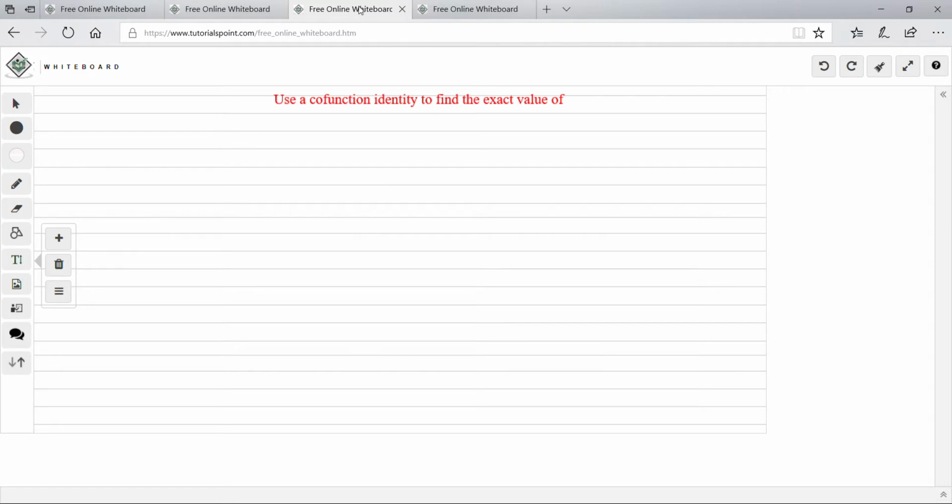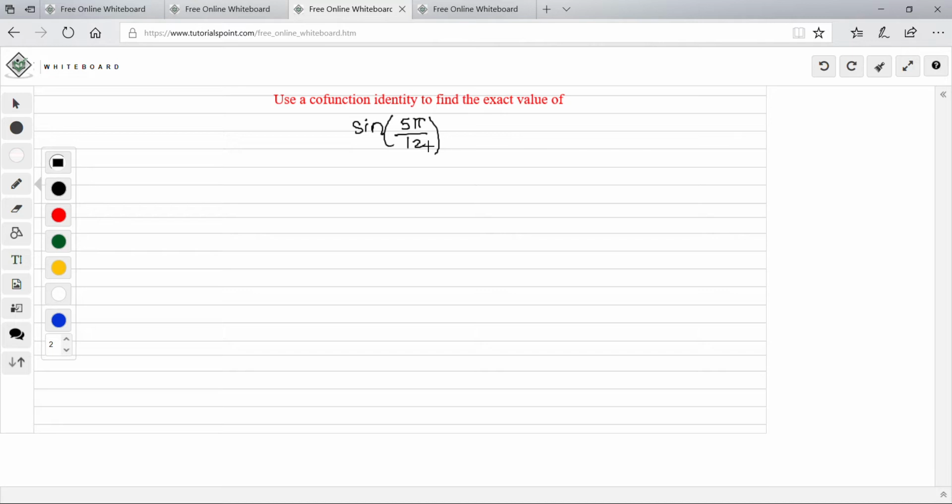Okay, so it says use a cofunction identity to find the exact value of sine of 5 pi over 12.